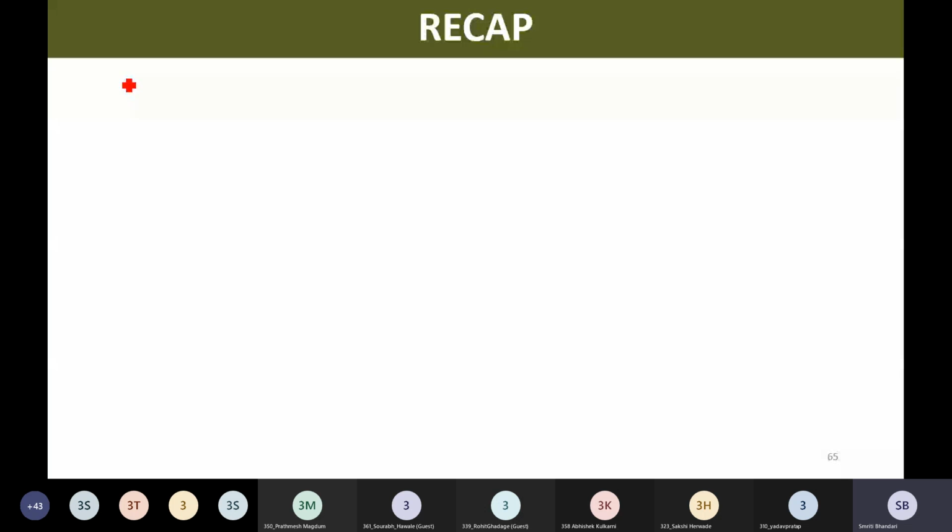Further, we have seen different kinds of closures, under which we have covered F plus, that is the closure of the set of functional dependencies, and also we have discussed alpha plus, that is the closure of the set of attributes. We have seen various algorithms to compute F plus and alpha plus.